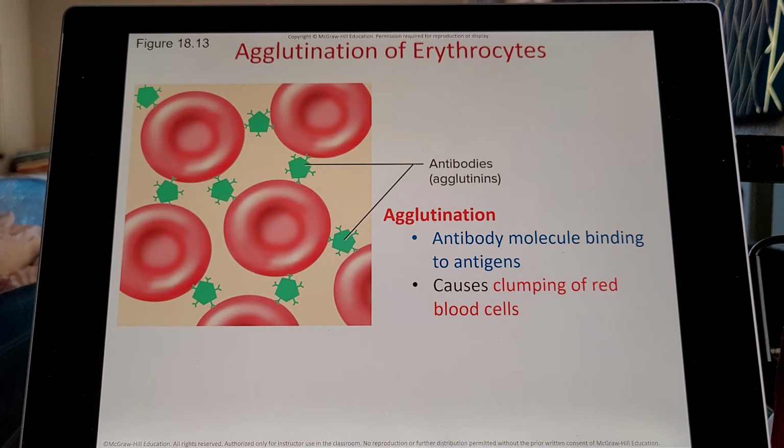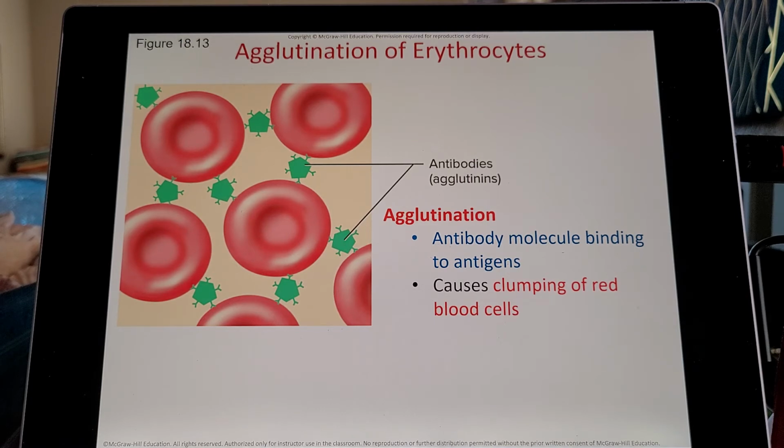Okay, so let's say hypothetically you accidentally get the wrong blood. The anti-A or B, whichever antibodies you have in your body, are going to cause agglutination again, so that causes a clumping of the red blood cells. Here, the little green dudes, those aren't viruses, those are actually the antibodies. The little sticks off the side of those help to bind to those cell surface markers, the agglutinogens.